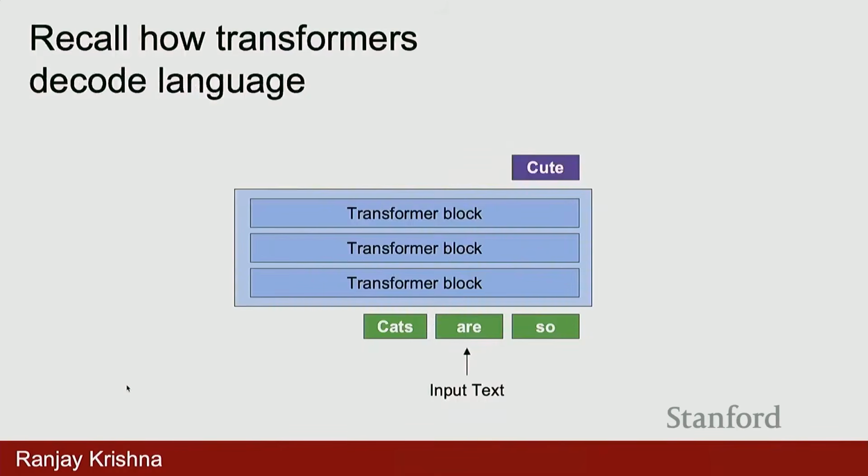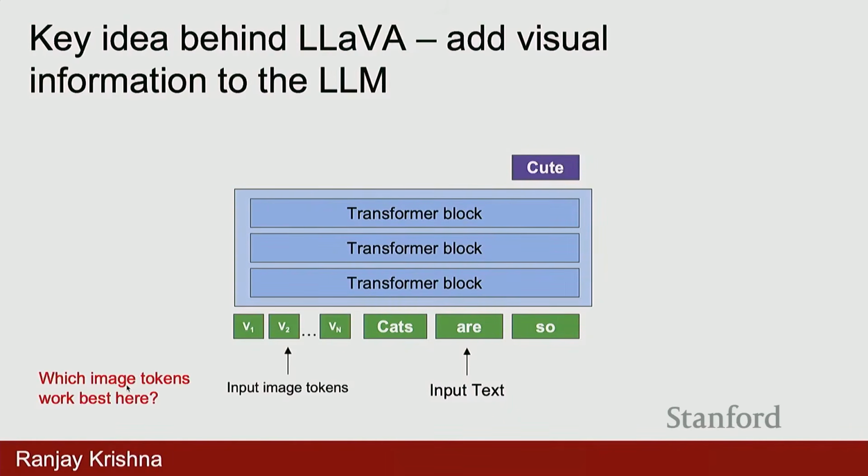Here's another way of representing that same objective. You've got the input text coming in at the bottom, and your model will generate the next word, which is cute. When we think about vision language models, what people usually are referring to is adding in additional context by grounding that conversation with some image that we care about.